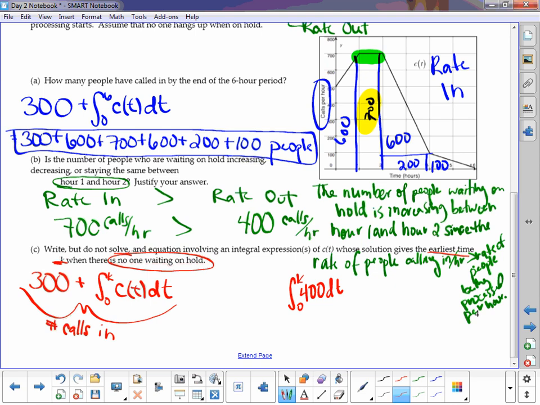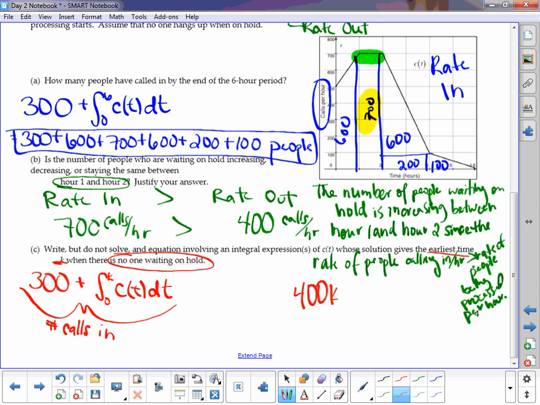Because again, starting at time 0, they can process the calls, and we'll be processing it all the way up until time k. It's that constant rate of 400. Or you could just do it this way: 400k, because again, k represents the number of hours that we're at, and it's 400 per hour. Does that make sense how either of those will give us the same thing?